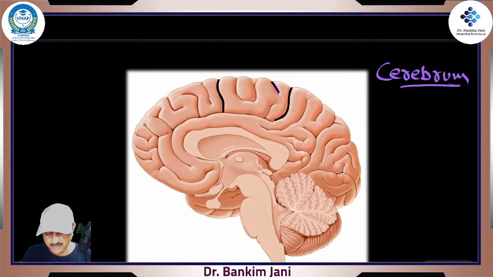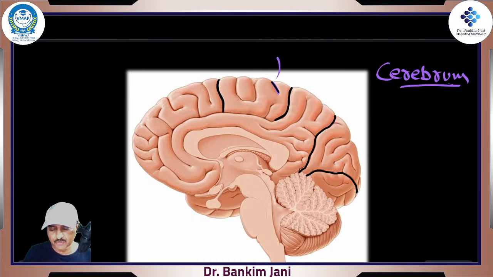So let's name them, because just naming them will clarify every part of it, right? And we add a few more. Let's add one more sulcus over here and one more sulcus here. So we have got 1, 2, 3, 4, 5 main sulci. Let's name them.